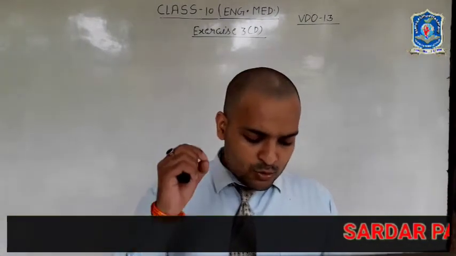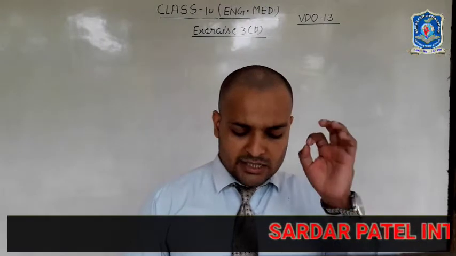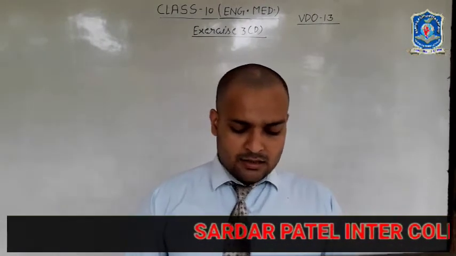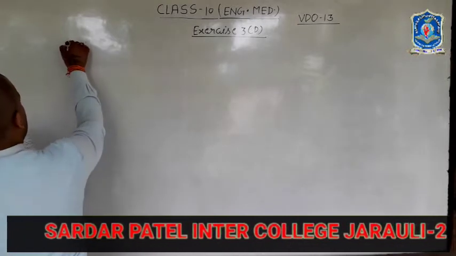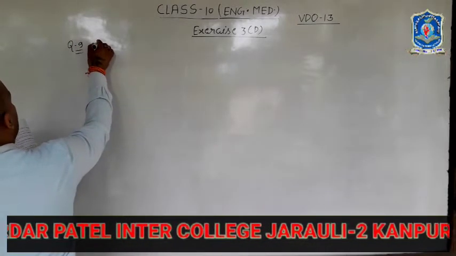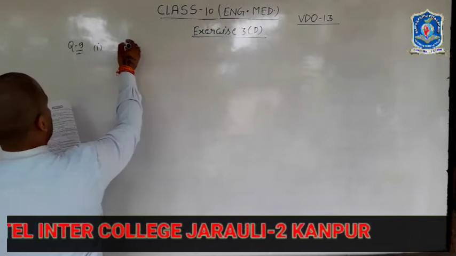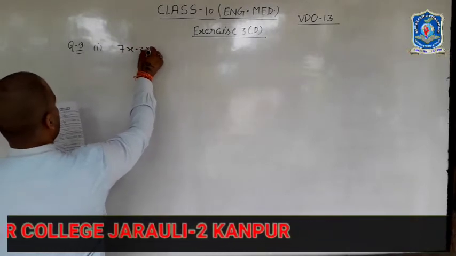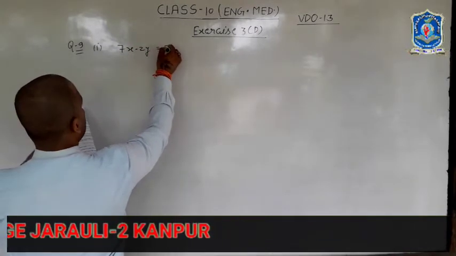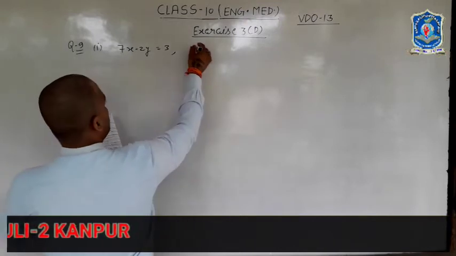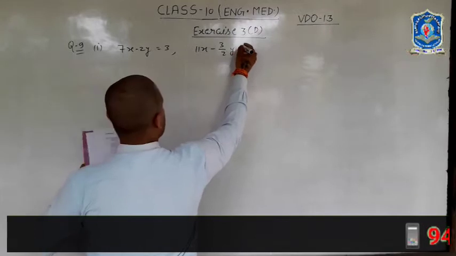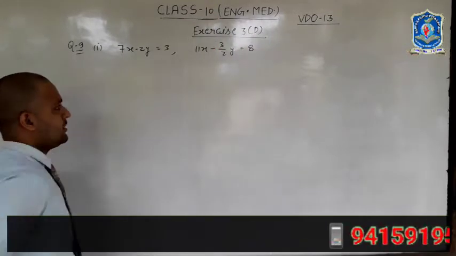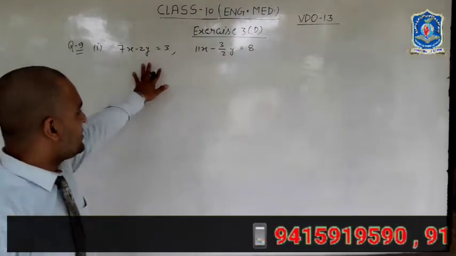Okay, now take an example. I am taking question number 9, first question. The first equation is 7x minus 2y equals 3, and the second is 11x minus 3 by 2 y equals 8. These are two simultaneous equations.